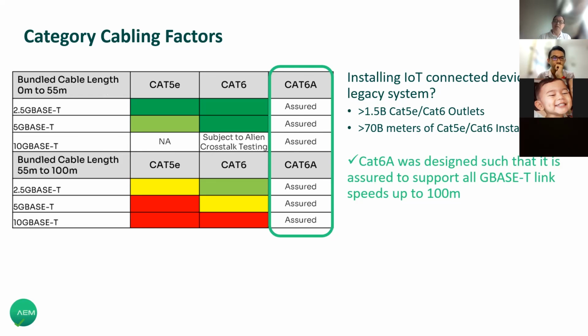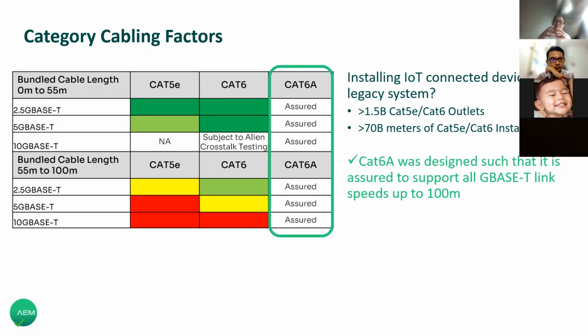When you run cable in a project, normally you don't run a single cable, but you bundle them and tie them together. Because of the bundle tightness, cable-to-cable crosstalk could be one of the critical impacts to your signal. Why?